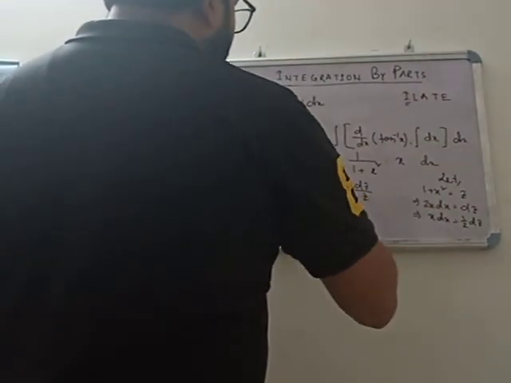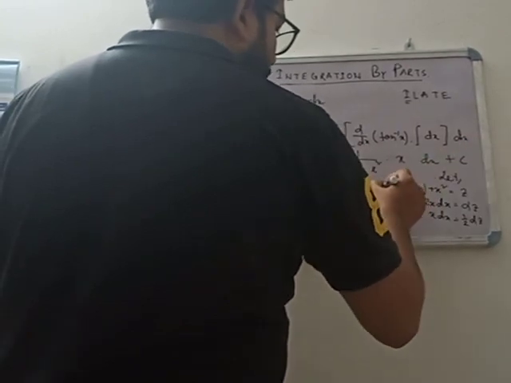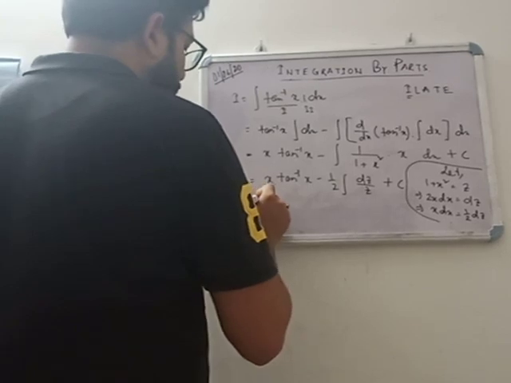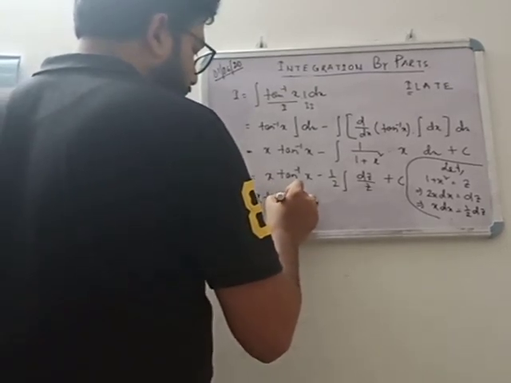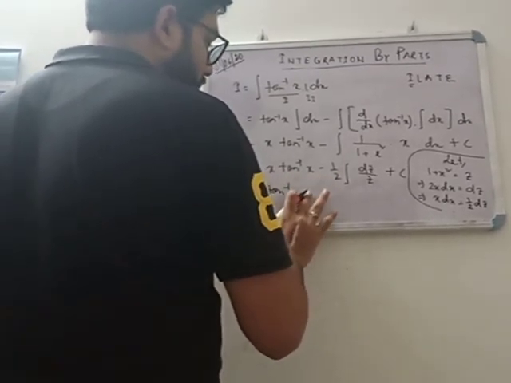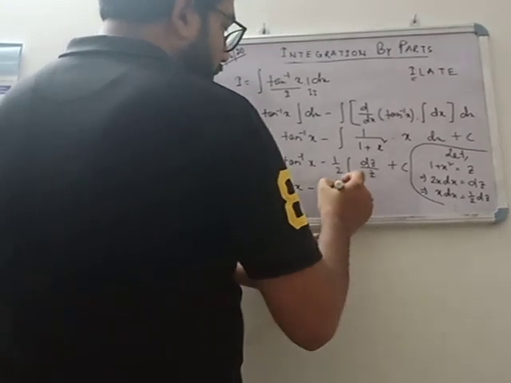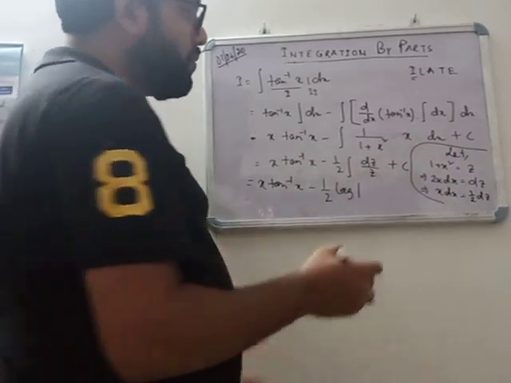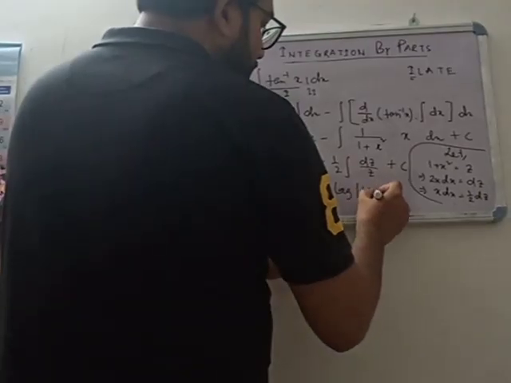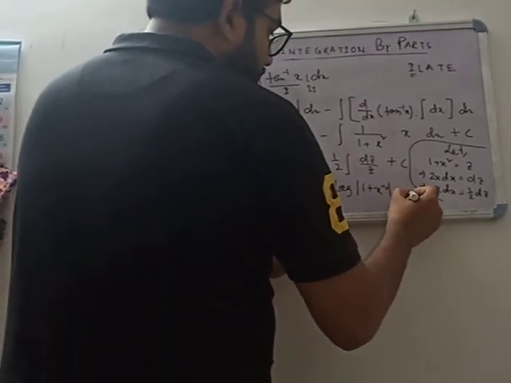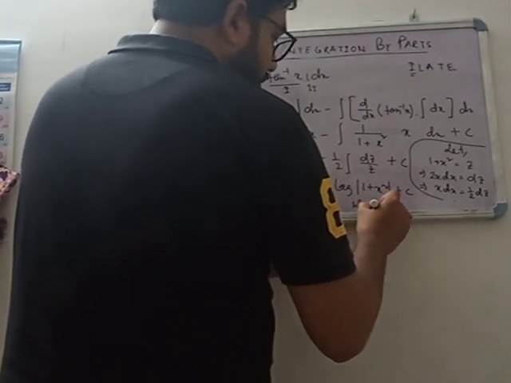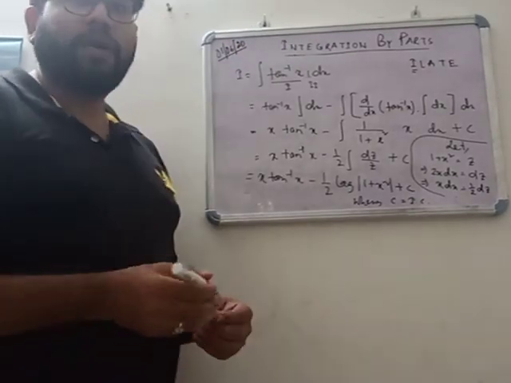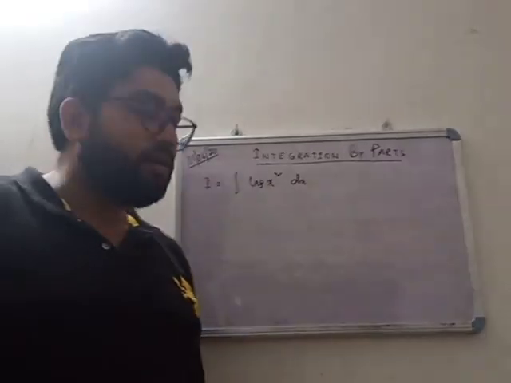Here already we have integrated, so write plus c. So this equals x tan inverse x minus 1 by 2 log of z. The value of z is 1 plus x square. So 1 plus x square plus c, where c equals integration constant. Okay, so pause the video.